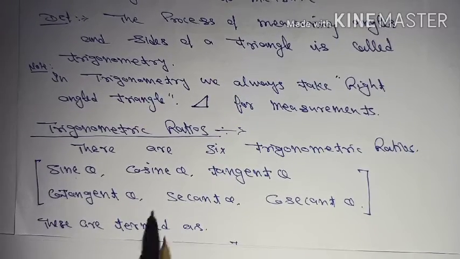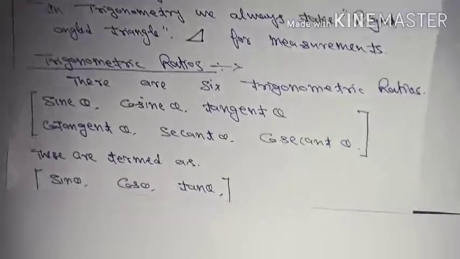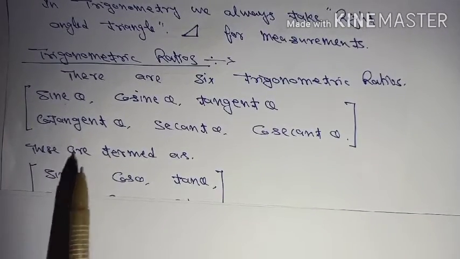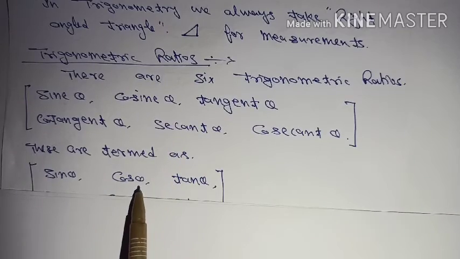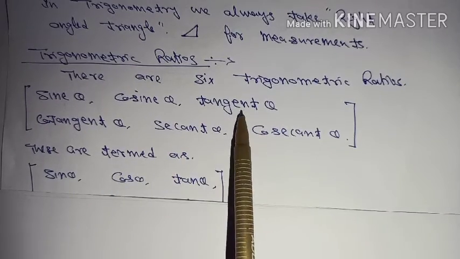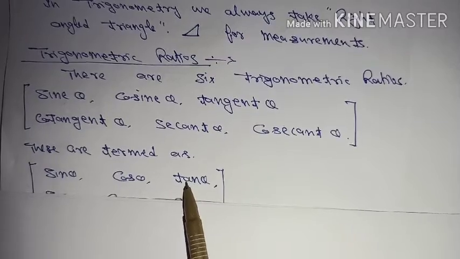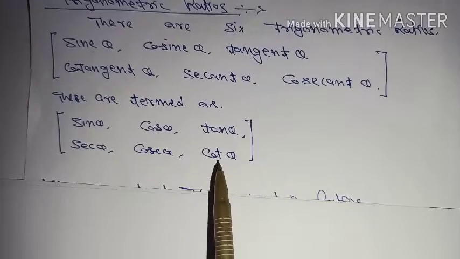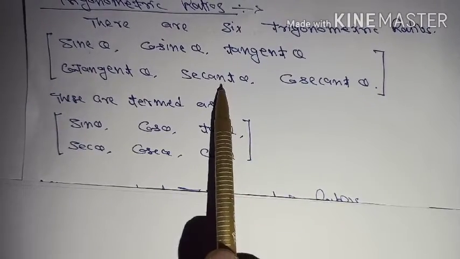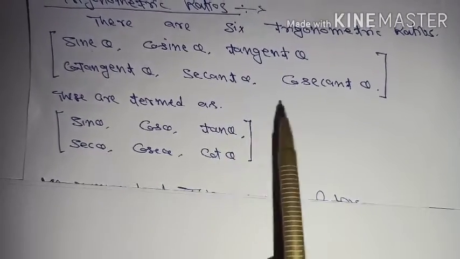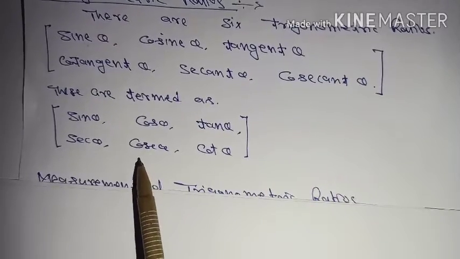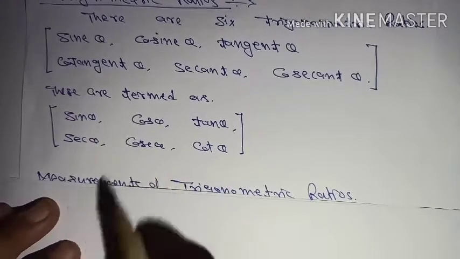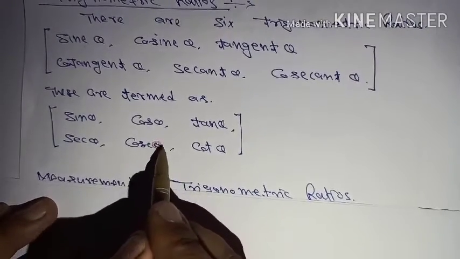These are written as sin theta, cos theta, tan theta, cot theta, sec theta, and cosec theta.